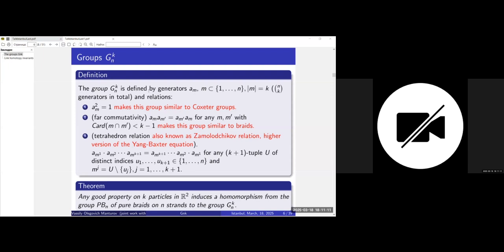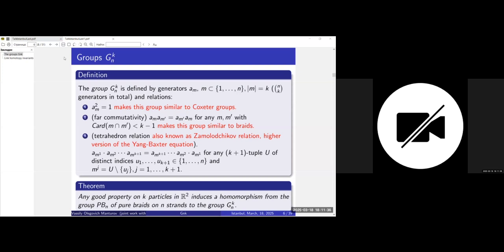Right. So the group G_n^k is defined by generators called A_m, where m is an index, and m is a k-element subset of {1, ..., n}.